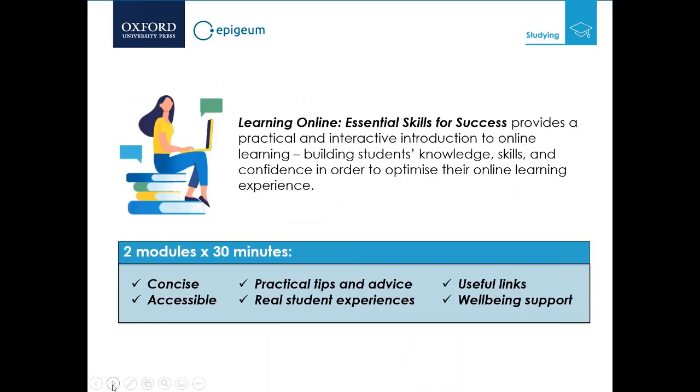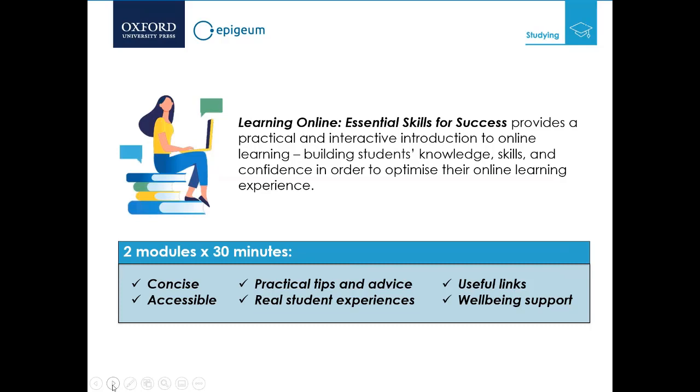So, as we know, many students have been faced with a sudden and unexpected move to online learning and have had little time to prepare effectively for the new mode of study. Learning Online: Essential Skills for Success provides an orientation to online learning for higher education students and explains the skills and qualities required to succeed as an online learner, and helps the students to recognise and develop their abilities.